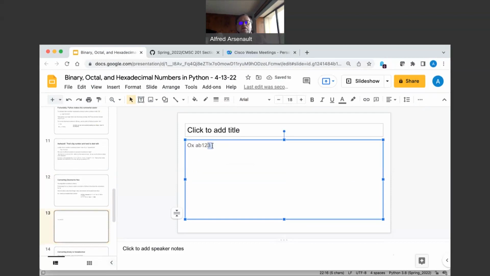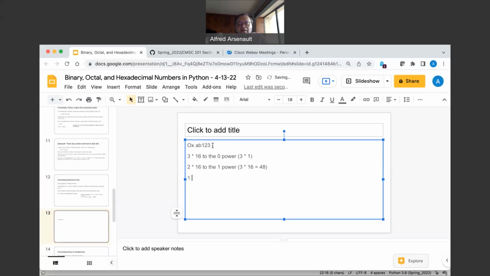This represents ones, or 3 times 16 to the 0 power, or 3 times 1. Then 2 times 16 to the first power, or 2 times 16, or 32 in base 10.